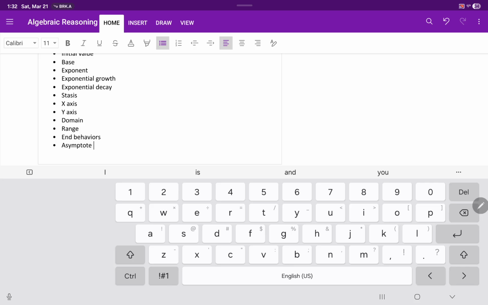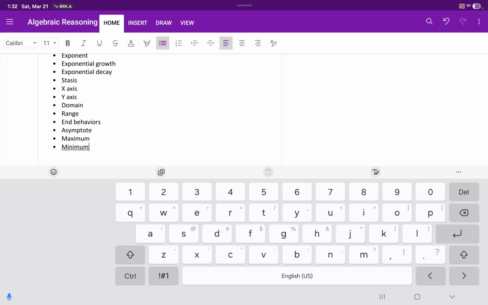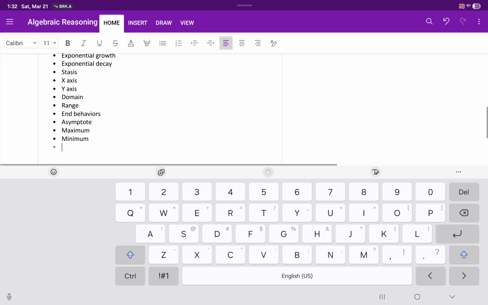Asymptote. All right, press enter. Maximum, minimum. So that basically takes care of everything that we're going to be covering.